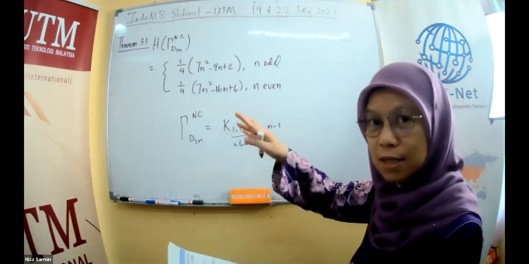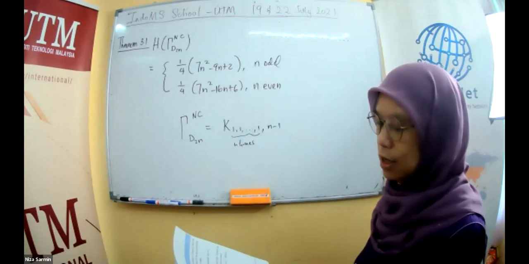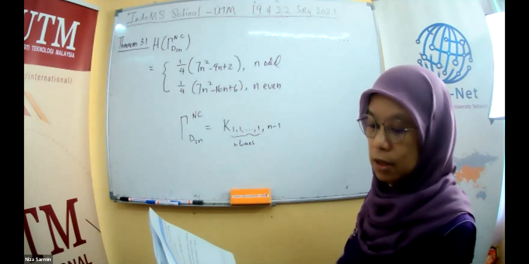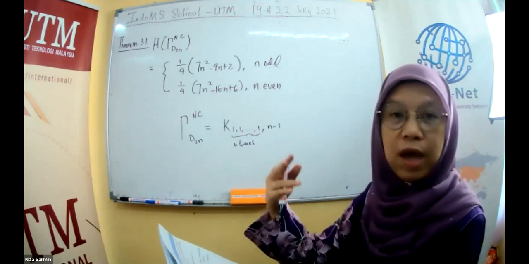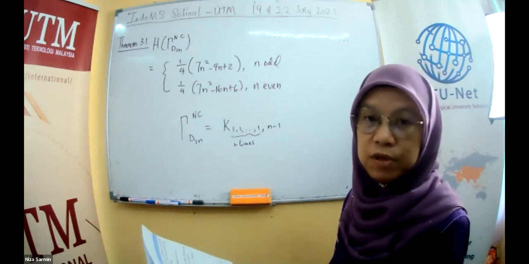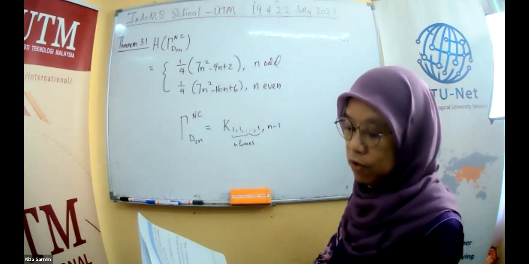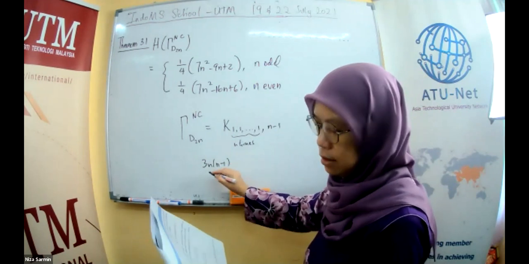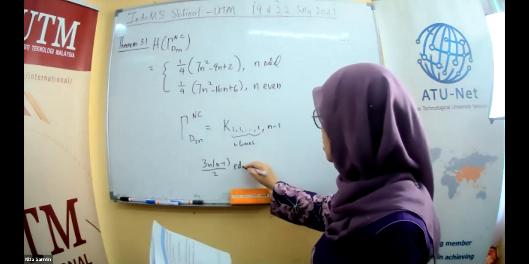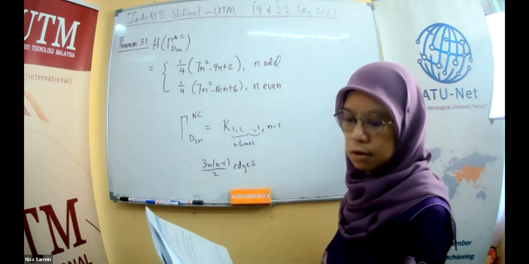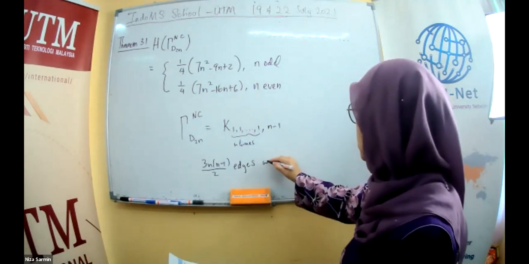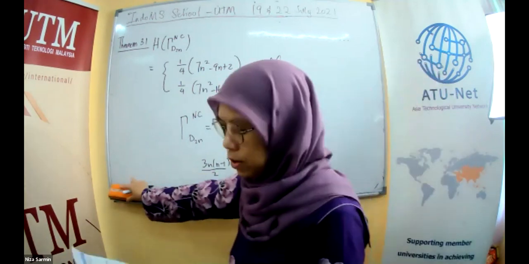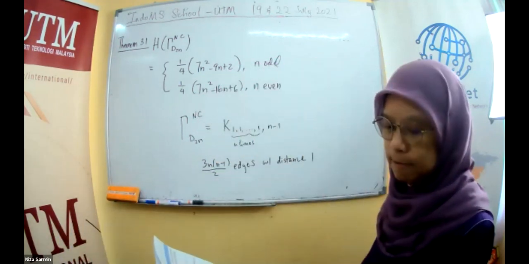They are not adjacent to each other, and we have n independent sets with only one element. So we have the number of edges in the proposition. After that, from proposition 10, we have 3n(n minus 1)/2 edges with distance 1.